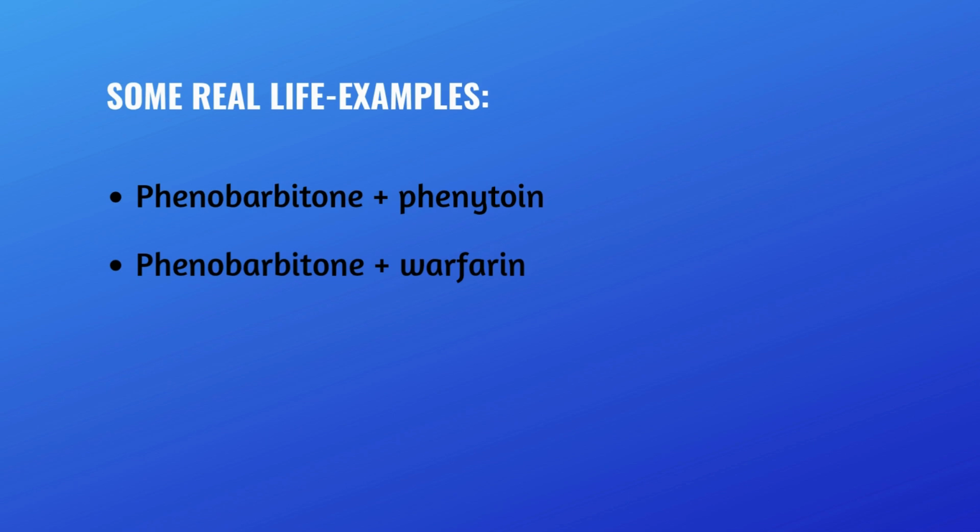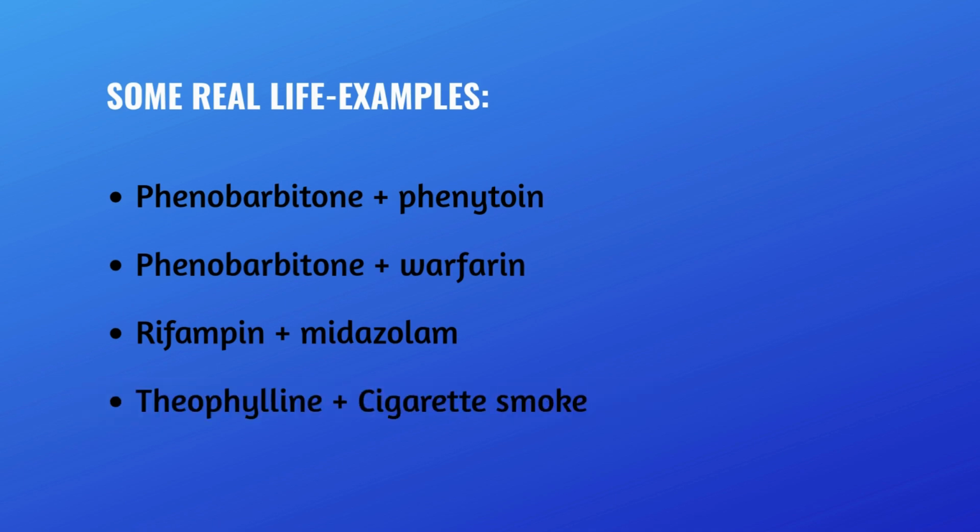Carbamazepine and rifampin do the same thing. Rifampin is so strong it can make the body clear another drug, midazolam, up to 20 times faster. Cigarette smoke can double how quickly your body processes theophylline, which is a drug used for breathing problems. Smokers might need much higher doses to stay effective.